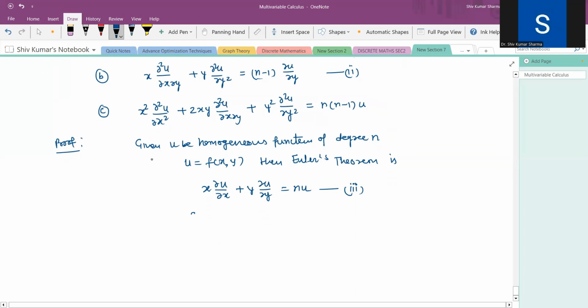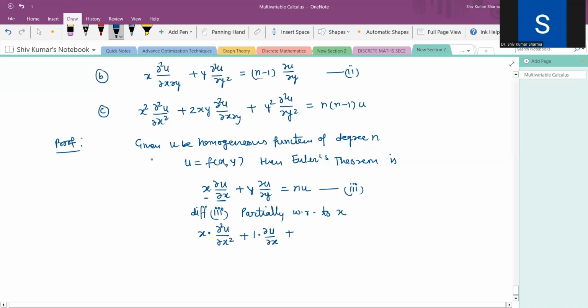Okay, so differentiate third partially with respect to x. We see that in the first term there are two functions of x, so we do the differentiation partially: first function times differentiation of the second with respect to x, so ∂²u/∂x², plus differentiation of the first, that is the differentiation of x is 1, and we write the second as it is.